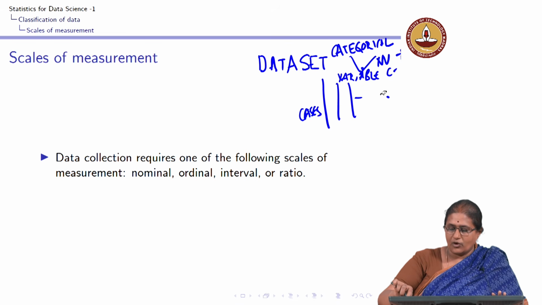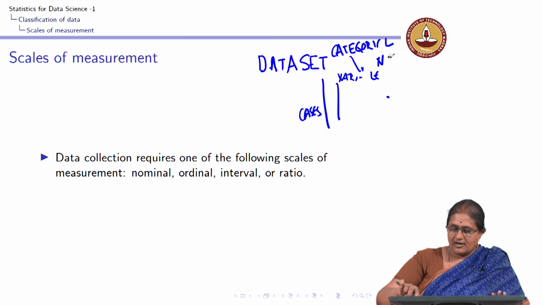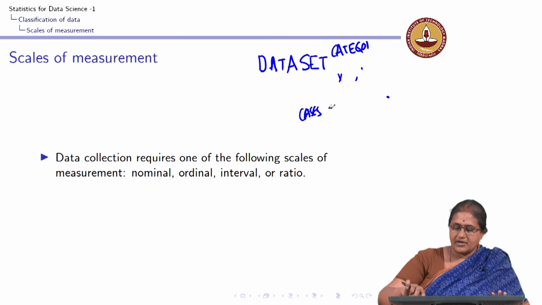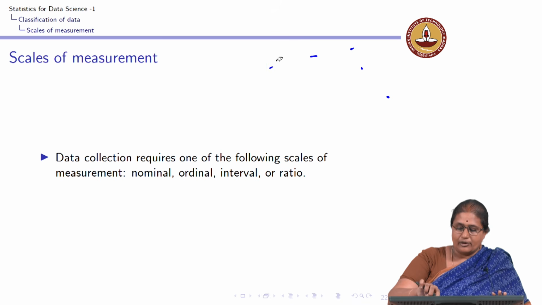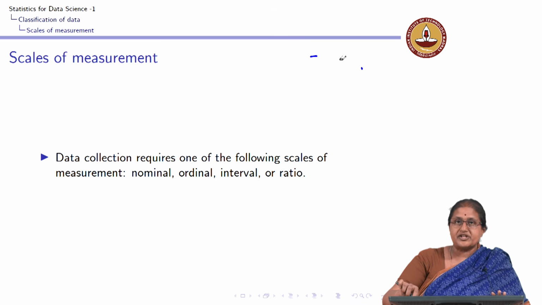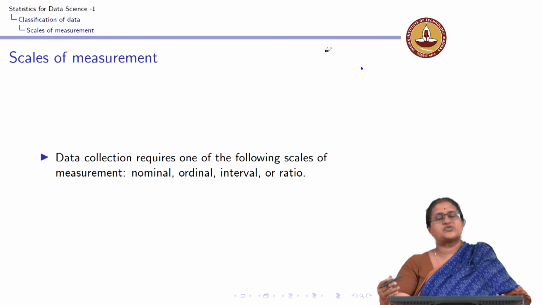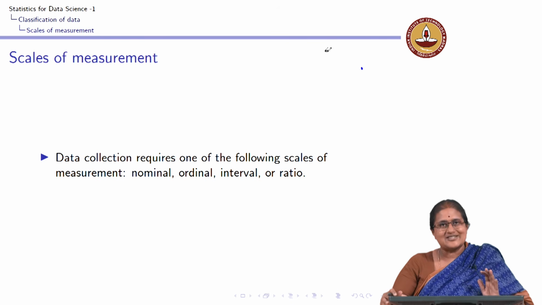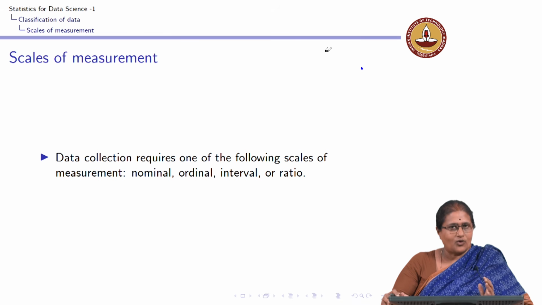Now, what do we want to do next? We again examine each of our variables in greater detail, because if you look at the definition of statistics which we gave earlier, it said that you want to learn from data. When I want to learn from data, the immediate thing is I want to see whether I can summarize this data.